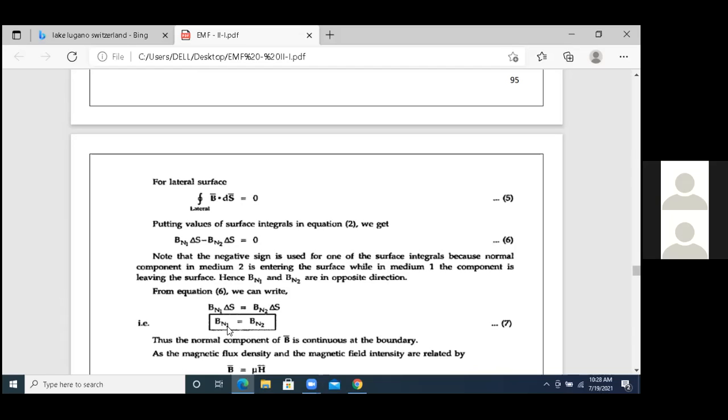So in English, what that means is that the normal component of B is continuous at the boundary.